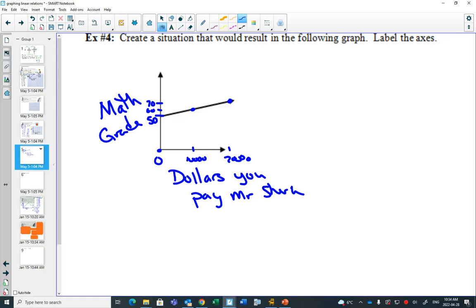Yeah. So you have to figure out if this is worth it or not, right? Change your life kind of money. Do you know, right? After paying Mr. Shirk $0, you get 1 grade 9 math credit. But after paying him $20,000, you also get 1 grade 9 math credit. Right?